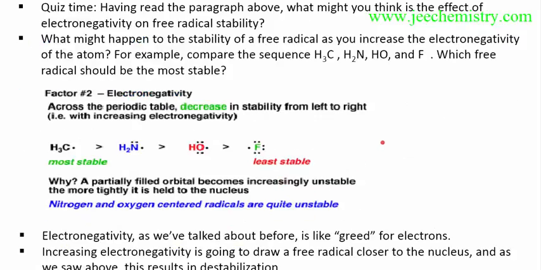Next, electronegativity. As I already told, electronegative atoms want electrons, so they withdraw electrons from other atoms. As a free radical is electron deficient, and this is a fluorine atom, it will attract more and more electrons, so it strongly destabilizes the free radical. Previously, how do these compounds look?